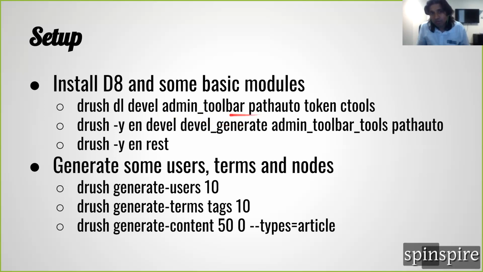These are some of my favorite modules: Devel, Admin Pool, Toolbar, Path Auto, etc. But none of these have anything to do with REST or single page applications or Ajax. They're just development tools. Same way, Devel Generate, of course, I'm using only so that I can create some dummy content. Okay. While this third one, Drush -y and REST.